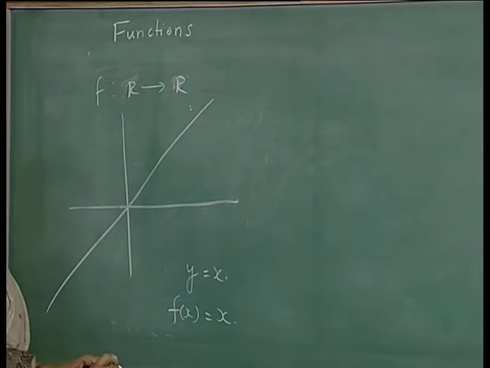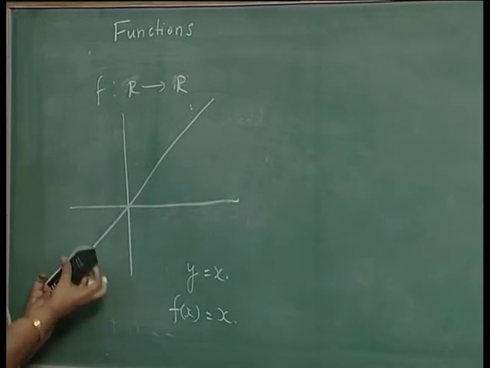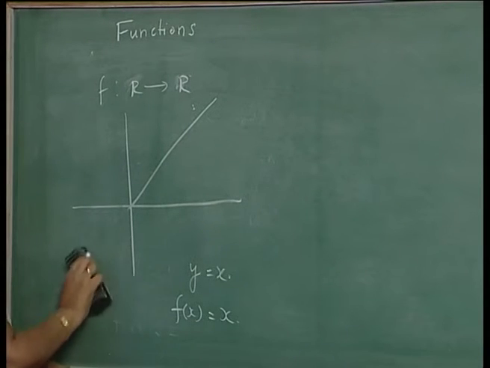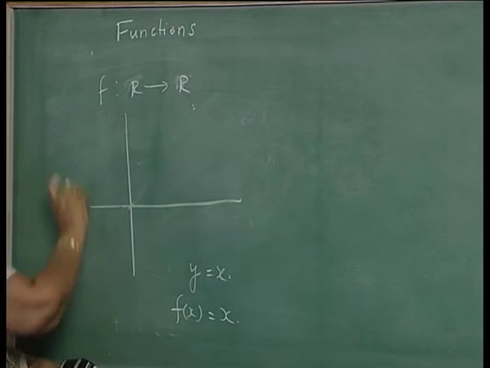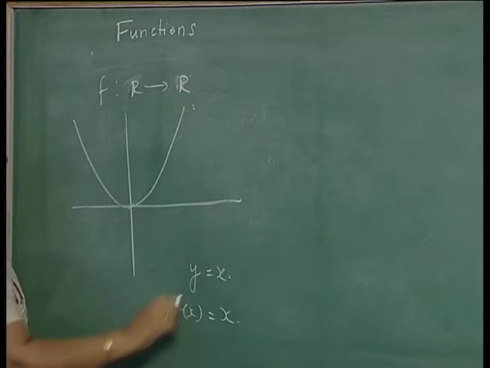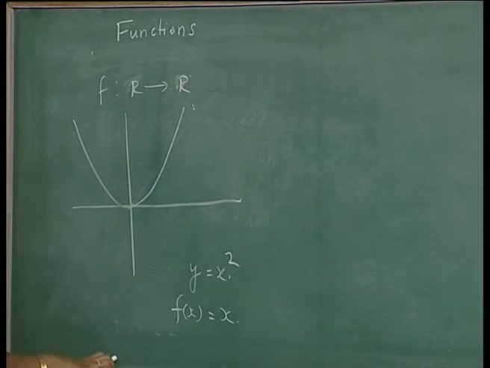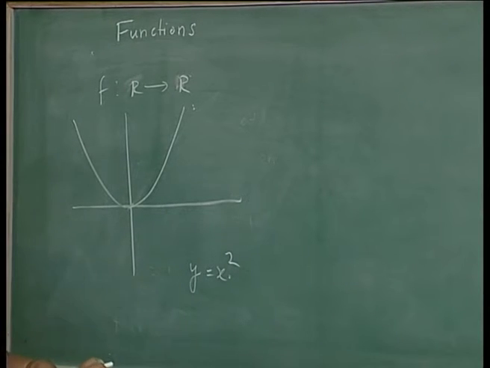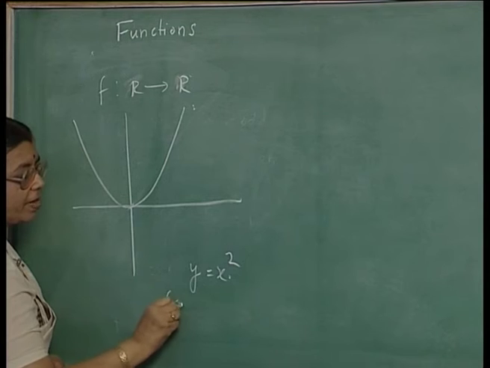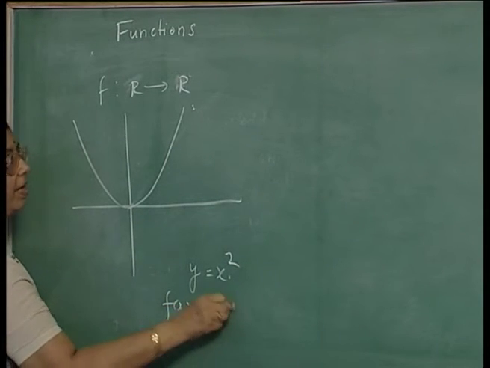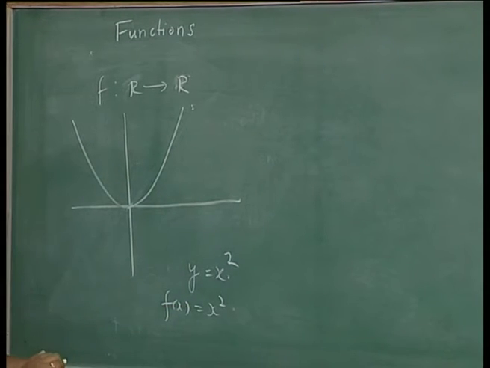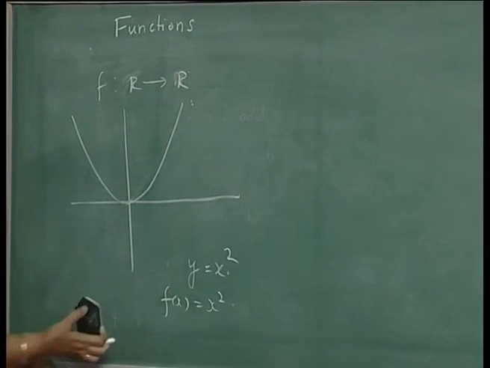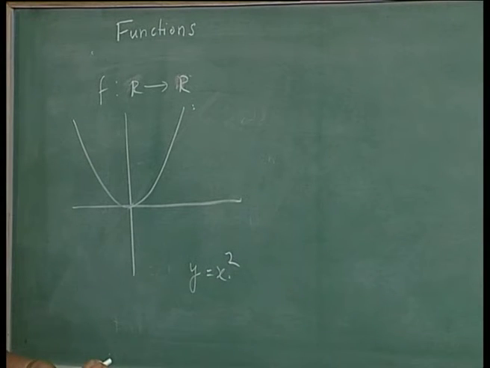And if you take some graph like this, this represents y is equal to x squared, and this represents the function f of x is equal to x squared from the set of real numbers to the set of real numbers. Like that, you can represent real functions from real to real as a graph in the two-dimensional plane.